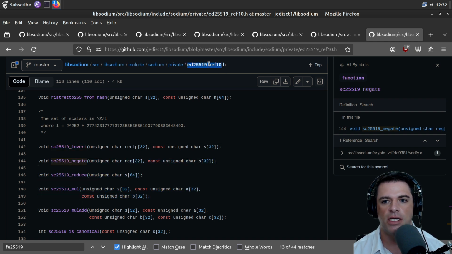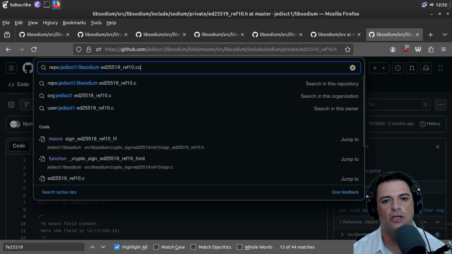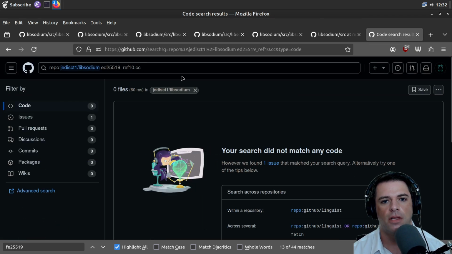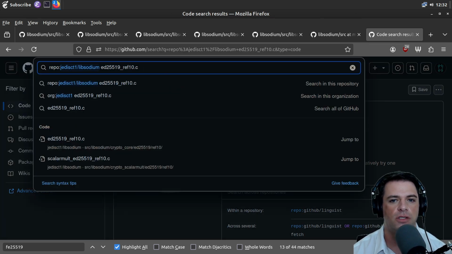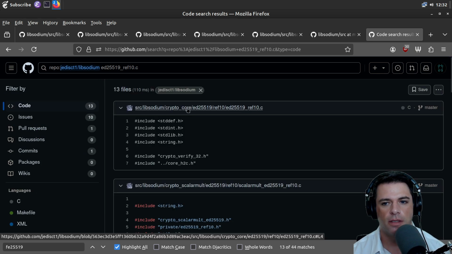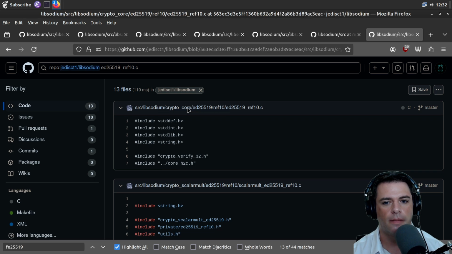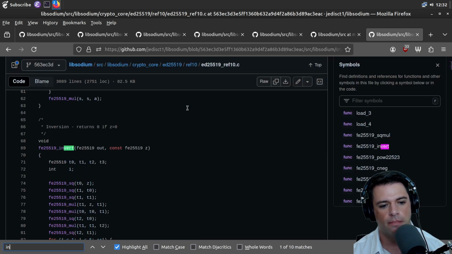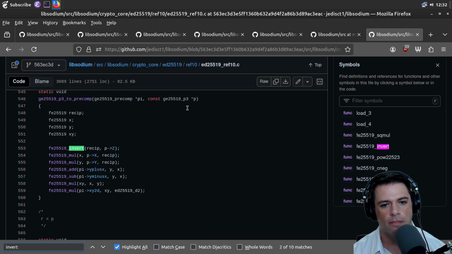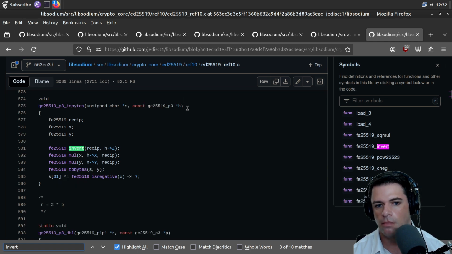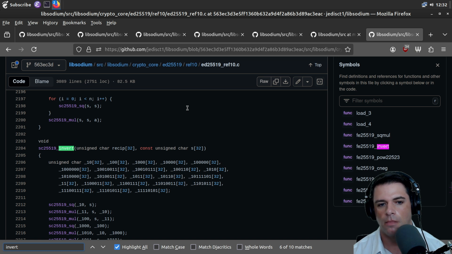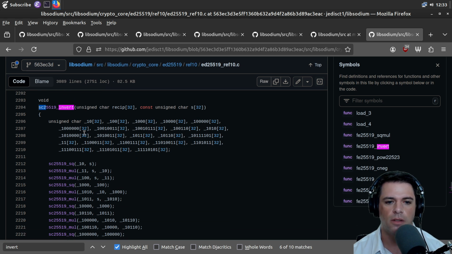In fact, let's see if we can find this, just to verify for ourselves that inversion is just modular arithmetic. And I don't know what SC versus FE is, but something.